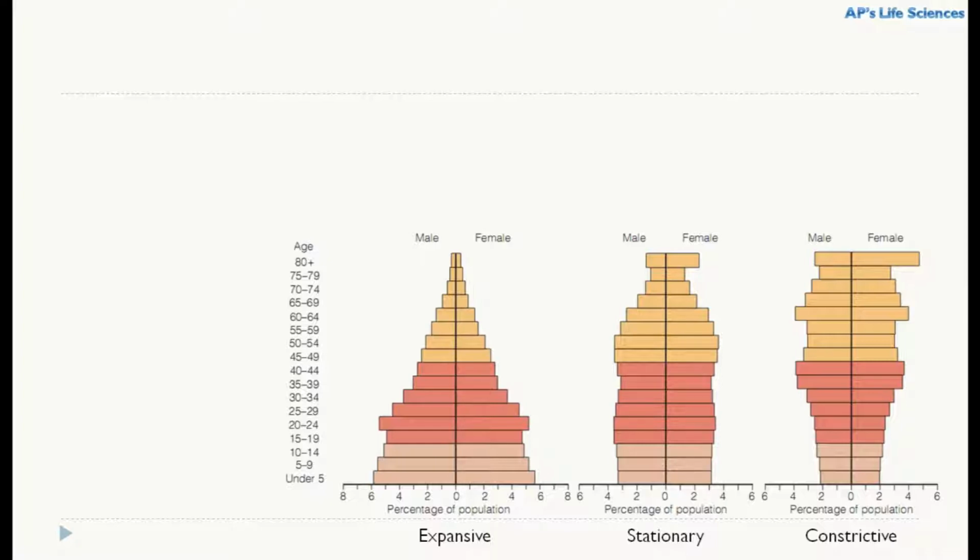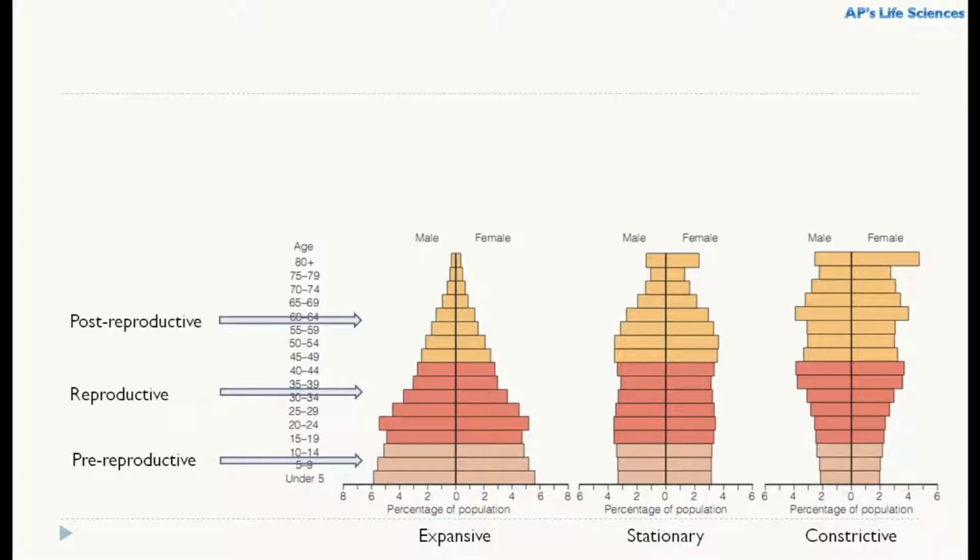In each pyramid, a vertical line separates the genders, with male on the left side and female on the right side. It also shows three different colors going vertically upwards. The lower one is pre-reproductive, the middle one is reproductive, whereas the upper one is the post-reproductive zone, or the post-reproductive ages.